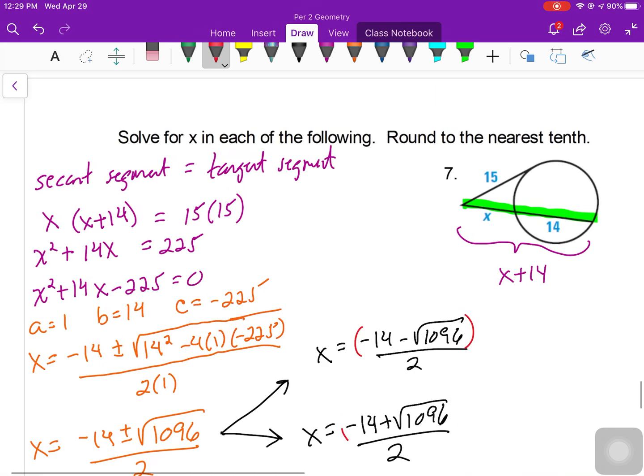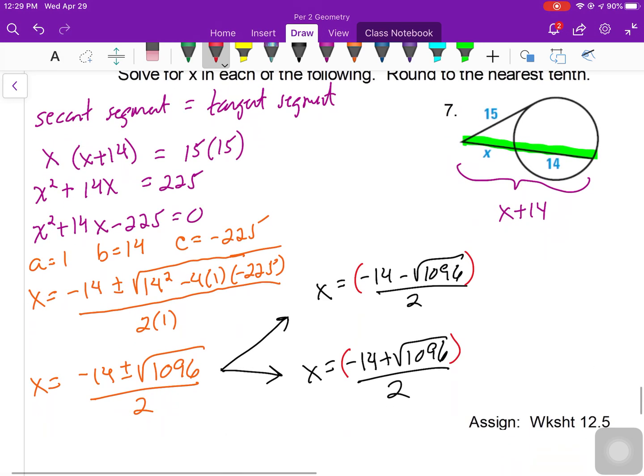Again, when you put it into your calculator, do not forget to close the whole top in its own group of parentheses, because otherwise the calculator will not know which part is on the top and which part is on the bottom. We're going to the nearest tenth again, which is 1 decimal place. Using the negative sign, we get x equals negative 23.6. Using the positive sign, we get x equals 9.6.